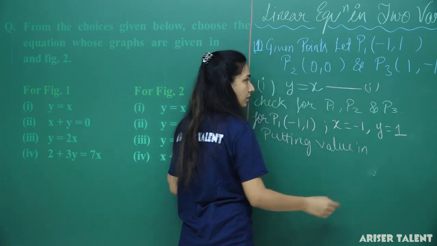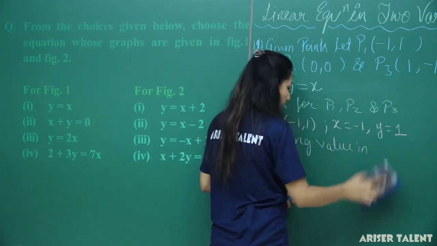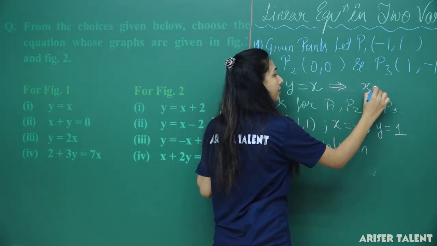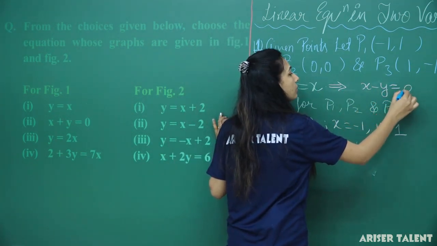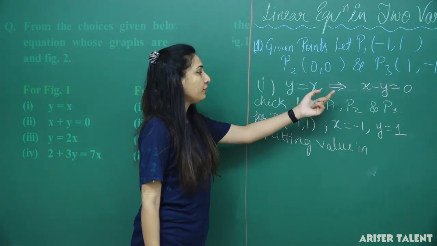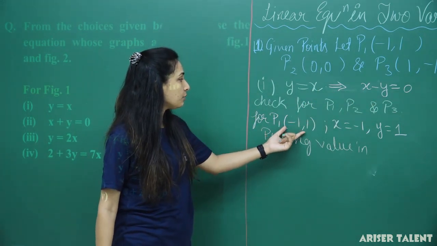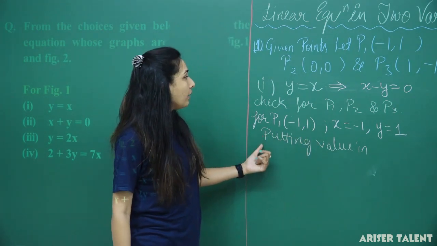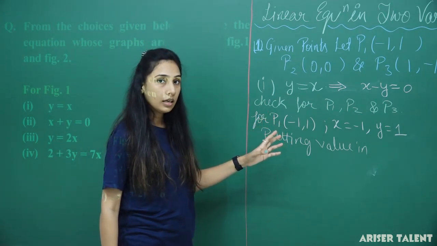Equation 1 can be written as x minus y equals 0. That should be 0. If this equation is satisfied by the point minus 1, 1, and also by P2 0, 0, and also by P3 1, minus 1, then this is the equation.